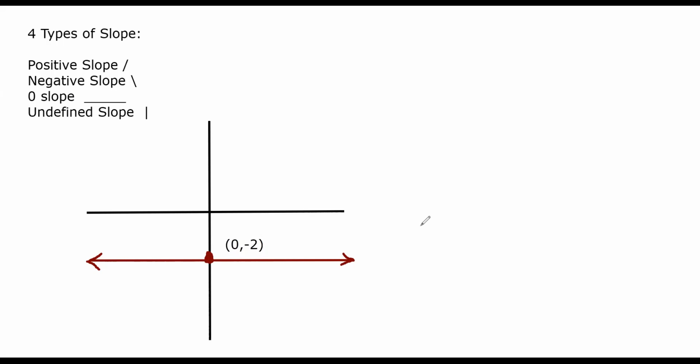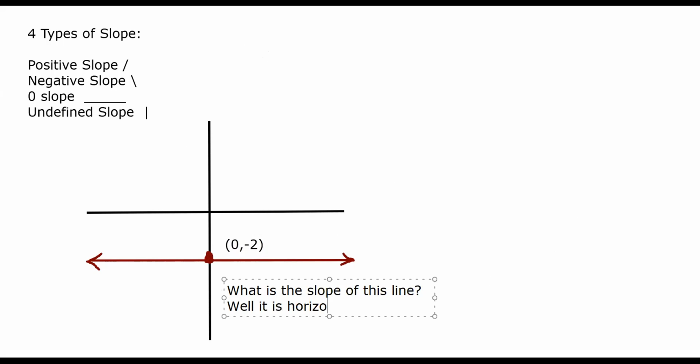What is the slope of this line? Well, it is horizontal, so it has 0 slope. And again, when I use the word 0, I mean the mathematical number 0. It's not 0 because the x-coordinate up there is 0.